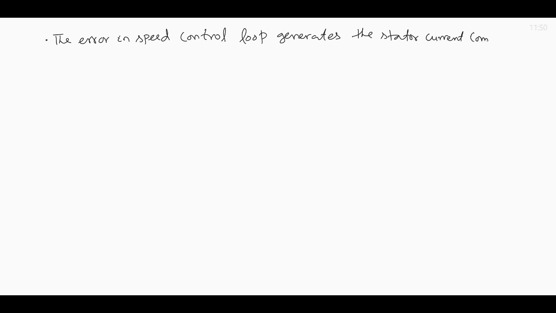The error in the speed control loop generates the stator current command Is star.